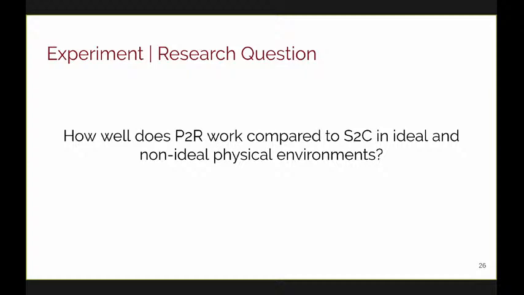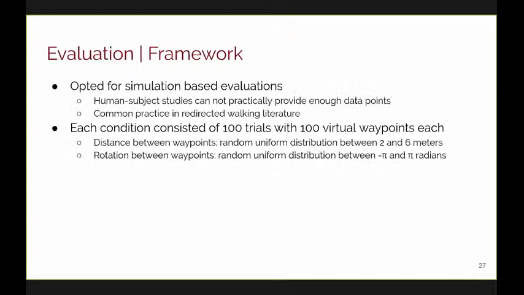So I want to detail one of the experiments that we did in this work. The research question that we sought to ask was, how does this new algorithm, push-pull reactive, compare to steer to center in both ideal and non-ideal physical environments? For this work, we opted for simulation-based evaluation. This is something that's becoming more and more prevalent in redirected walking research.